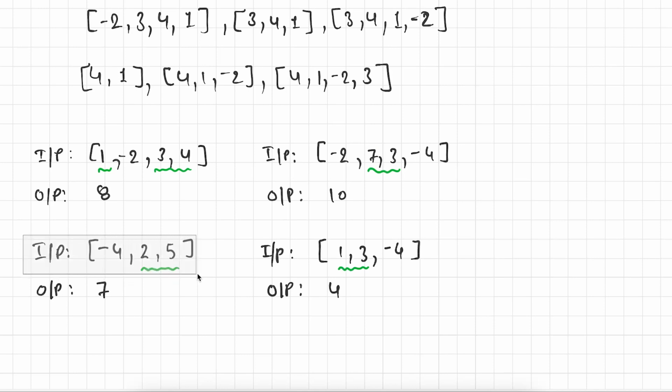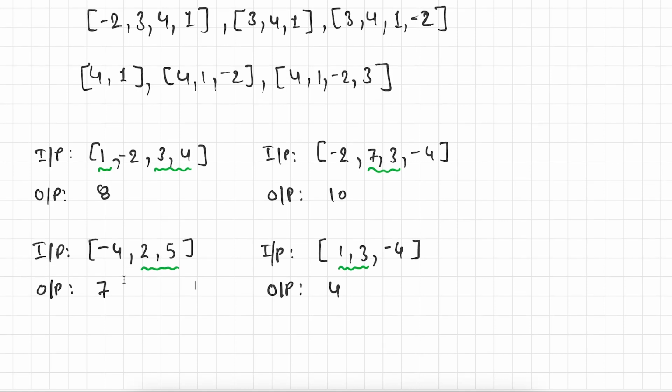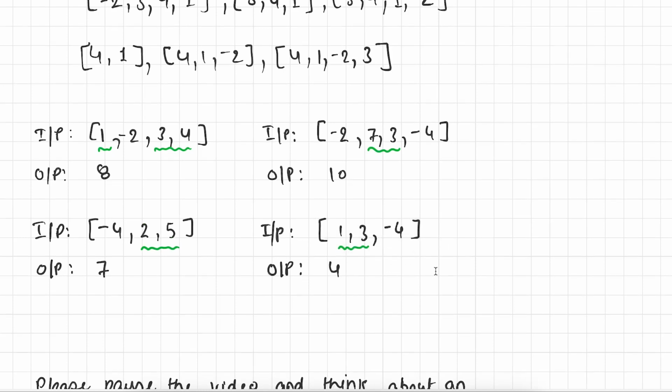Okay, let's see this example. Here we have an array -4, 2 and 5. And in this array the maximum circular subarray sum is 7 and that is formed by two elements, that is 2 and 5. In the next example, here we have an array like 1, 3 and -4. And here the maximum circular subarray sum is 4 and that is formed by elements 1 and 3.